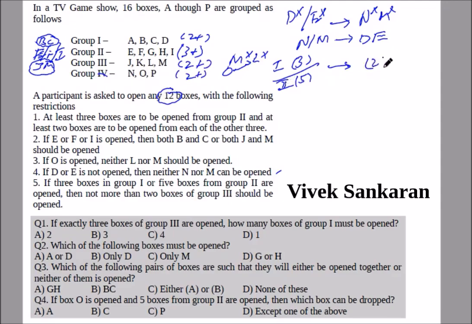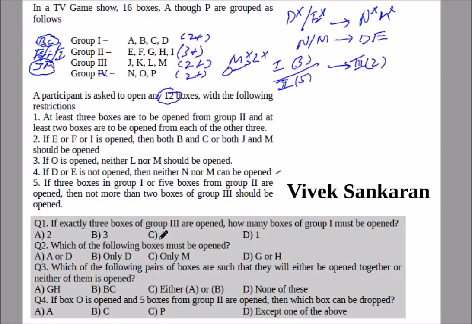So 2 have to be opened from group 3, which means if more than 2 have been opened from group 3, both these conditions will not be met. And you have all these criteria. Okay, let's try what we can do.